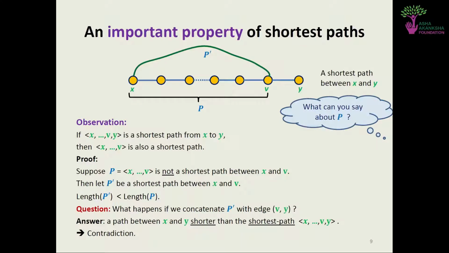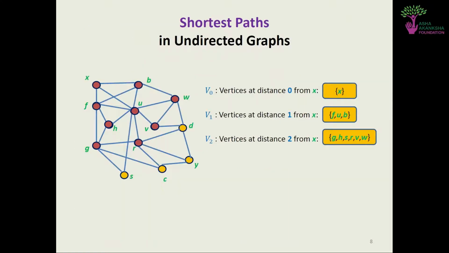So let's come back to this example. What we did initially was set everything to infinity. Then x we can assign as 0, so V0 is done. Then we look at all the neighbors of x. In this case, the neighbors of x are f, u, and b. We can imagine that the distances of all three of these would be infinity.